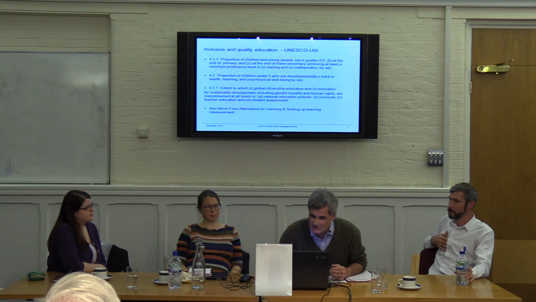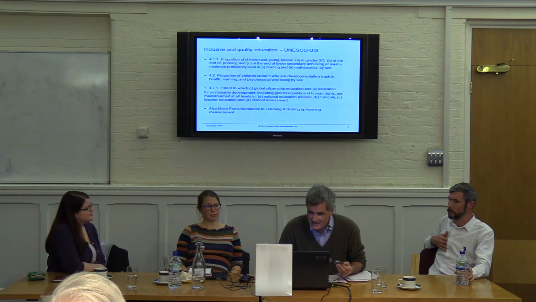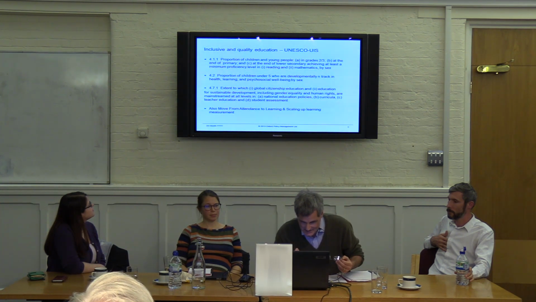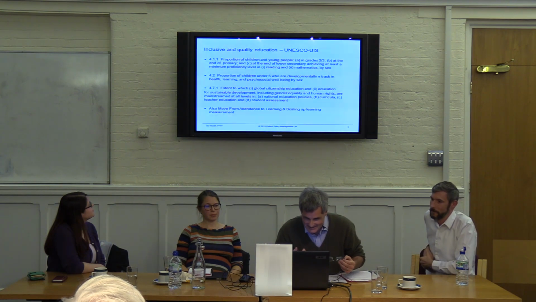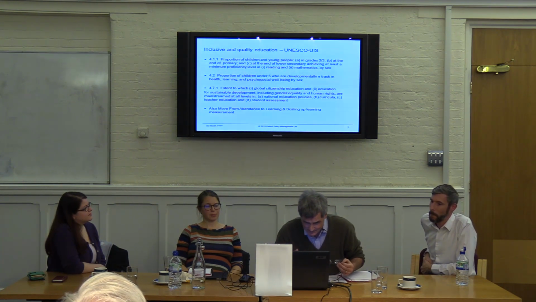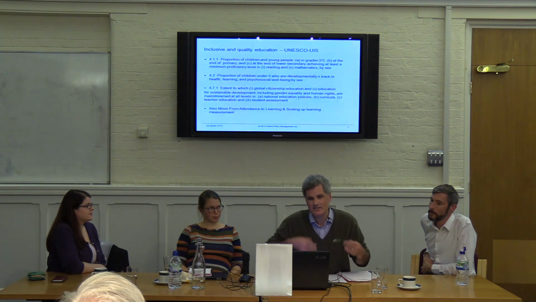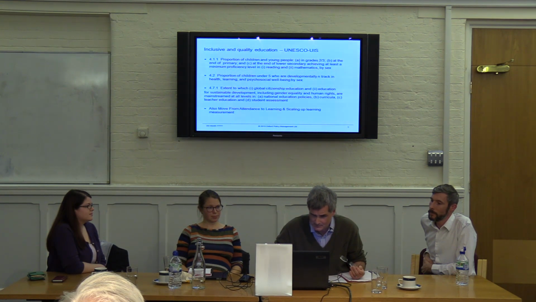So things like, are you developmentally on track in health, learning, and psychosocial well-being? Has global citizenship education for sustainable development been mainstreamed in the curricula and in student assessment? Is the education which people are receiving, is the proficiency which they've received, satisfactory in some sense?